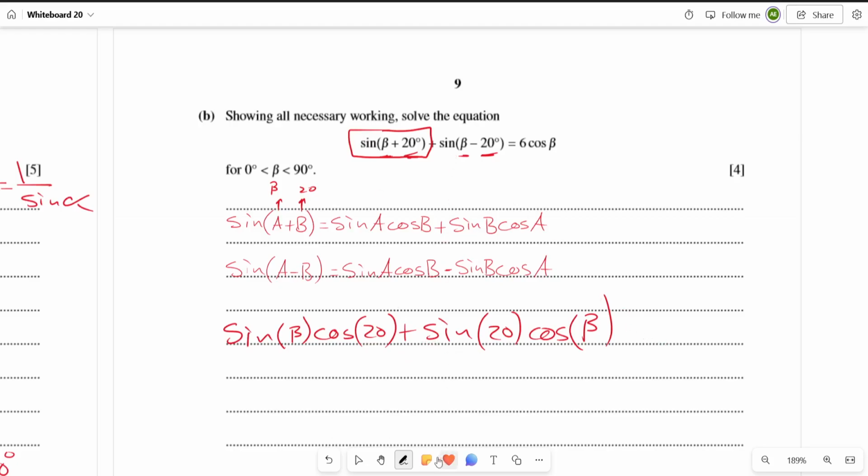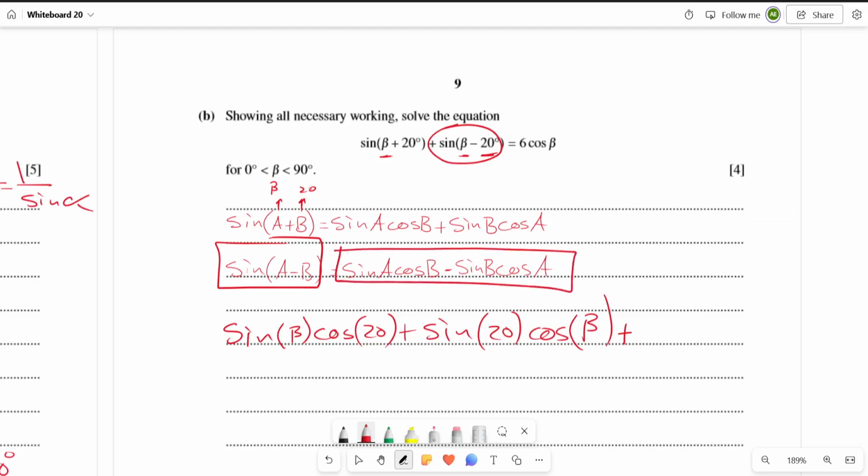Let's now do plus, this plus over here. I'm going to do a plus, and then we're going to do the second term. However, this second term looks like this, so I'm going to follow this identity over here.